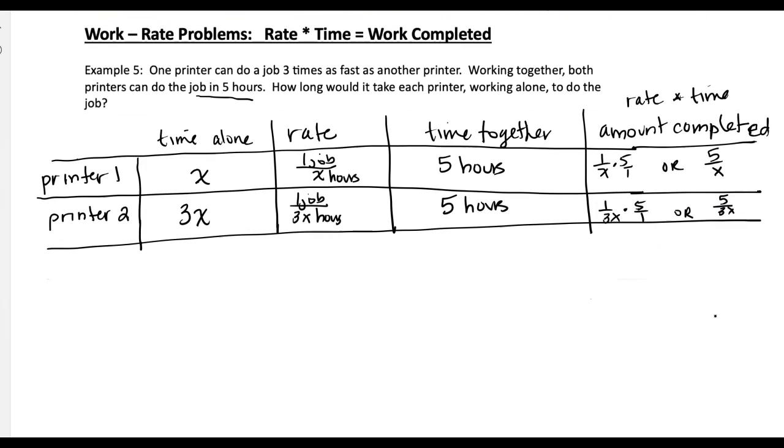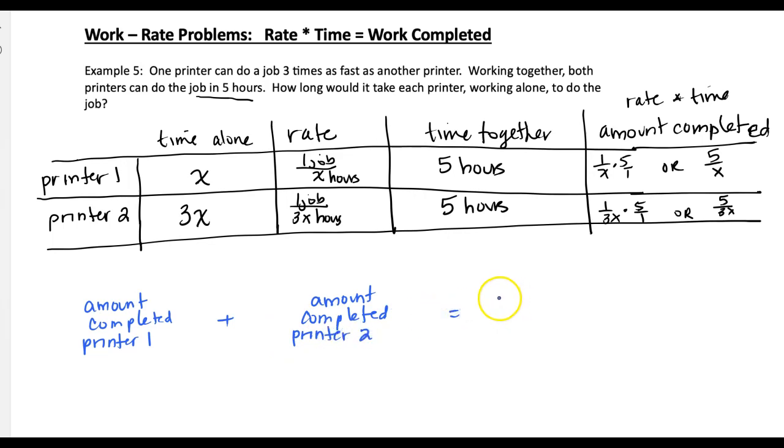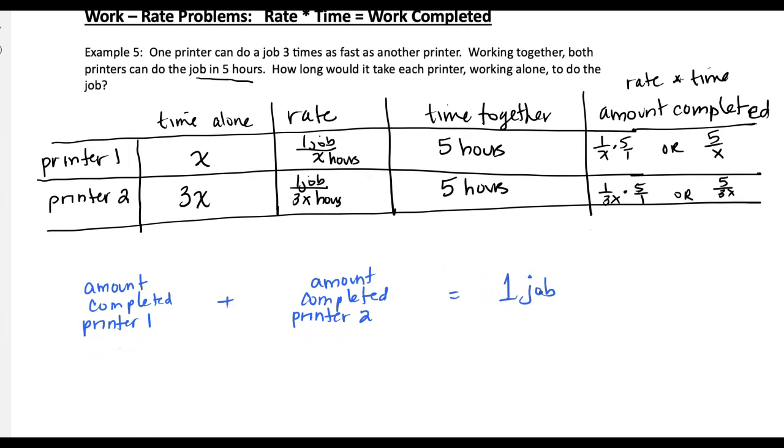Now, using our table, I like to write out my equation in words. So we have the amount completed by printer 1 plus the amount completed by printer 2, and that's going to equal the one job, or the amount completed together.